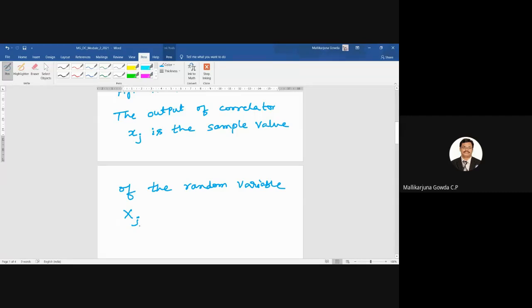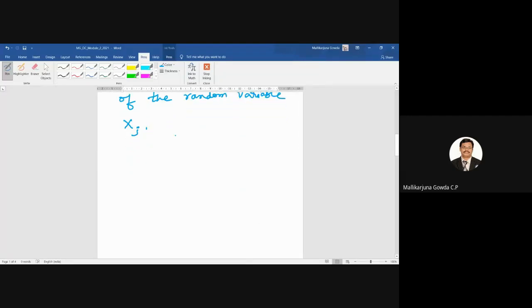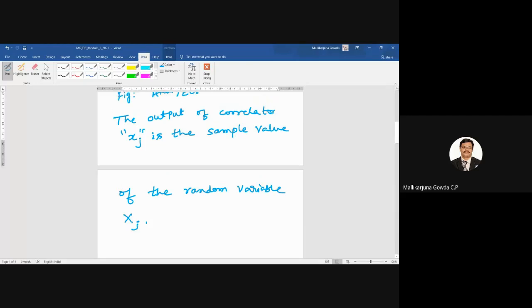Okay. Then how do I define this small xj? It's a sample function, no? How do I define the sample function xj? I said the output of the correlator, I denote it by small xj.